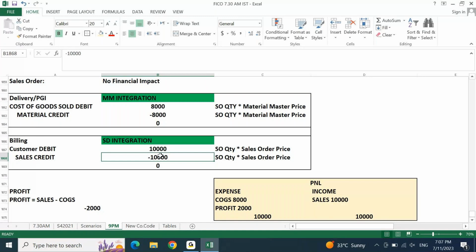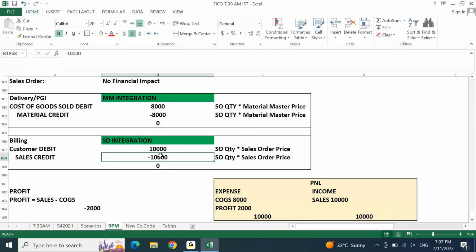Let's say if you are giving a discount to the customer, sometimes what will happen, you will sell a product to the customer. Let's say I am selling a mobile phone to the customer. Normally, along with the mobile phone, I may be giving the back cover for free of cost. Correct? Yes, sir.